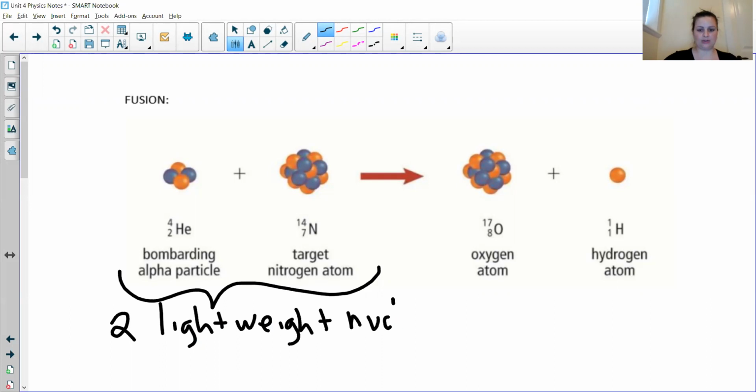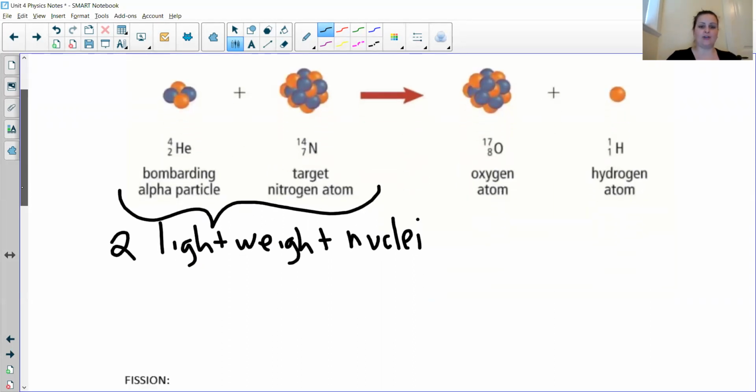Now we haven't done our chemistry unit yet for Science 10, but hopefully you remember from Science 9 that each atom has a certain mass. It's an atomic mass made up of its protons and neutrons. So when I say lightweight nuclei, I'm talking about ones that have not very many protons or neutrons in it. And it must be lighter than iron for this to happen.